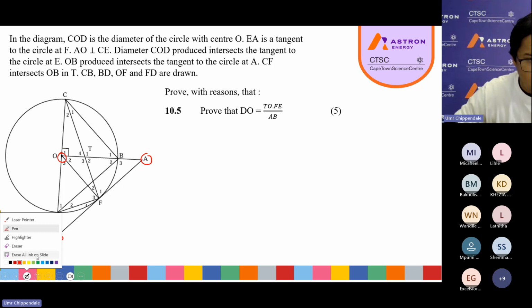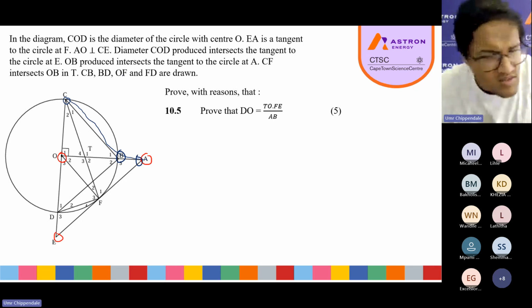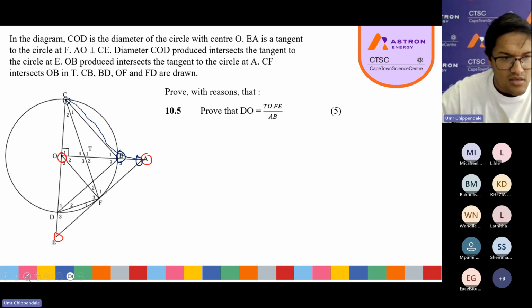Let's say A, B, and they can make another point, going to C. Instead, let's rather take this out.